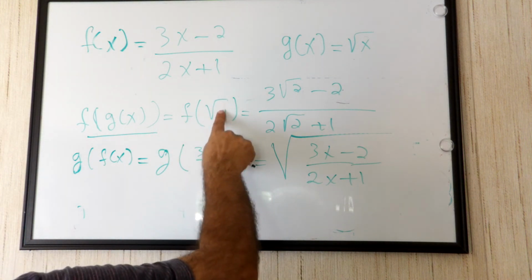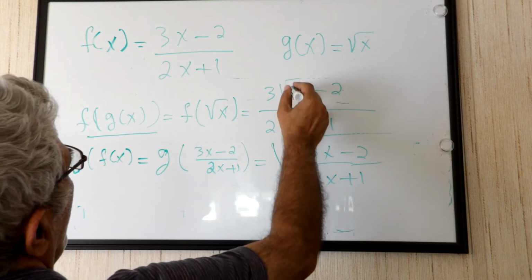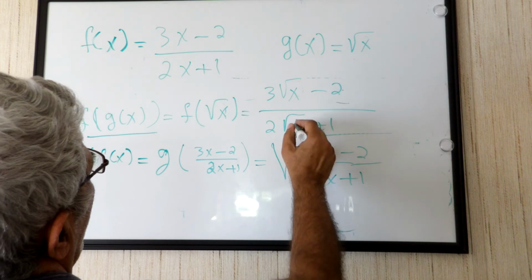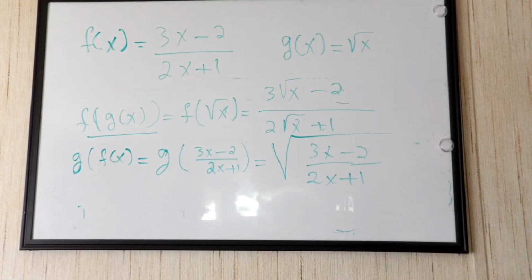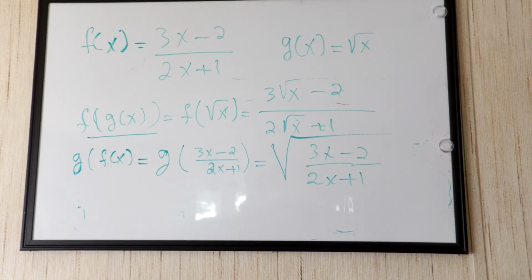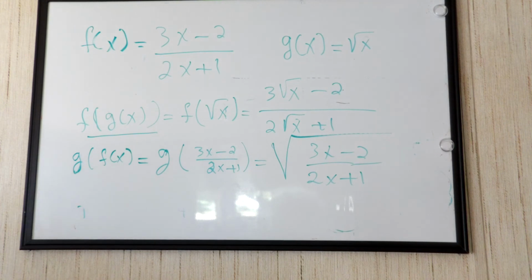In here, if that was a square root of it, we just put something like that. Instead of x, you put a square root of x. So you have to know the difference.